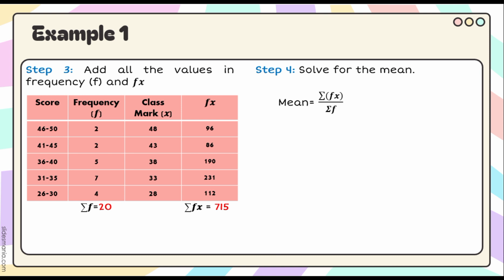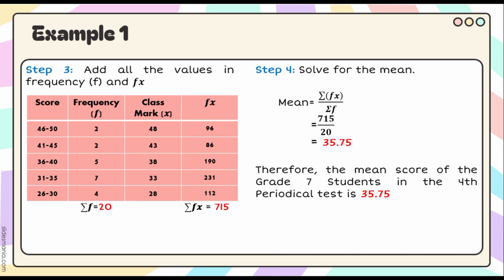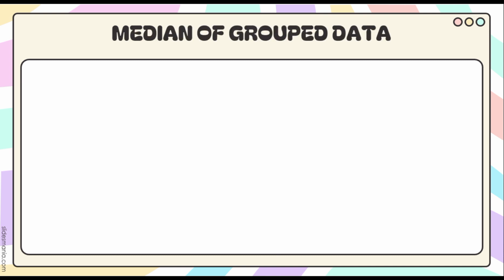So we have 715 divided by 20, which results in 35.75. Therefore, the mean score of the grade 7 students in the 4th periodical test is 35.75.